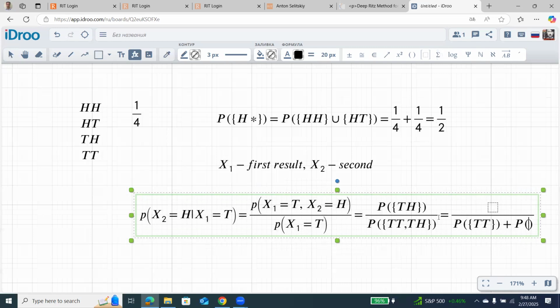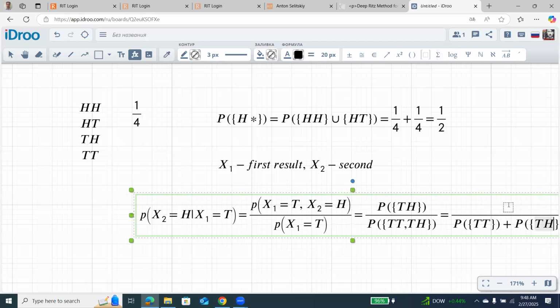So then we can write a probability of any compound event using probabilities of the elementary events. So now I have this probability of the compound event, and this will be the sum of probabilities of independent events.